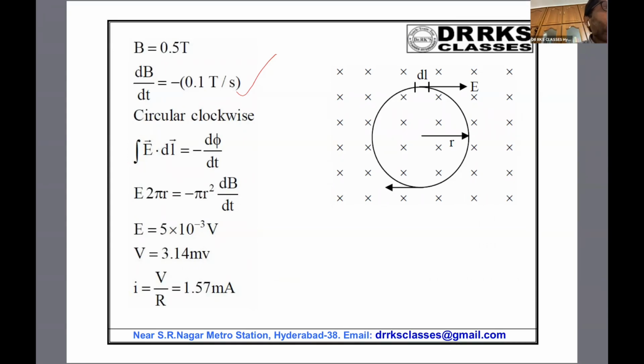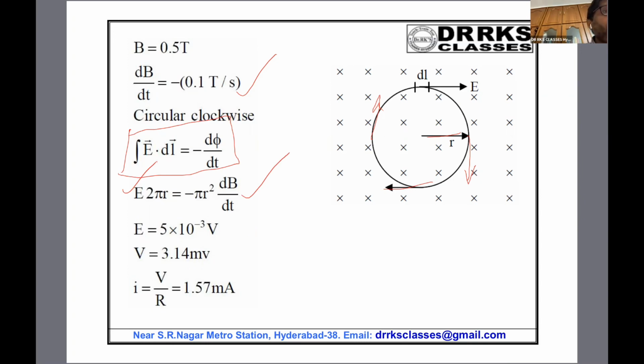And we know that the integral of E dot dl is minus d phi by dt. E dot dl represents EMF. So E dot dl over this region gives E into 2 pi r, which is equal to pi r square into dB by dt, the rate of change of magnetic flux.